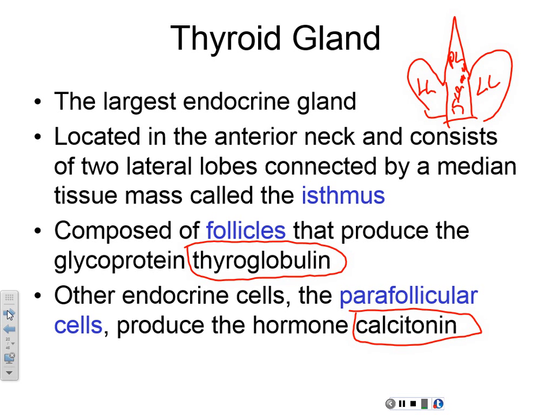The follicle cells produce T3, T4, those thyroid hormones. So those are really the true thyroid hormones, because they're produced by the follicles. The calcitonin is a hormone, yes, but it's produced by parafollicular cells, which are cells sprinkled inside of the thyroid.